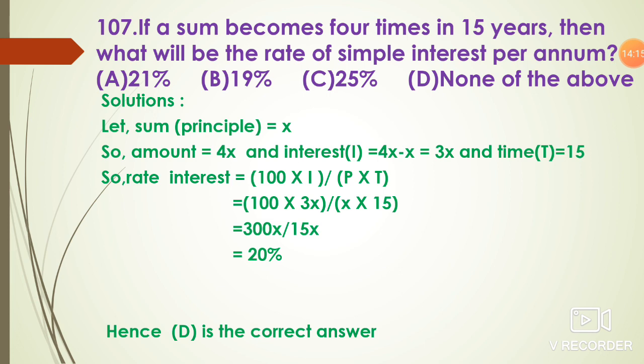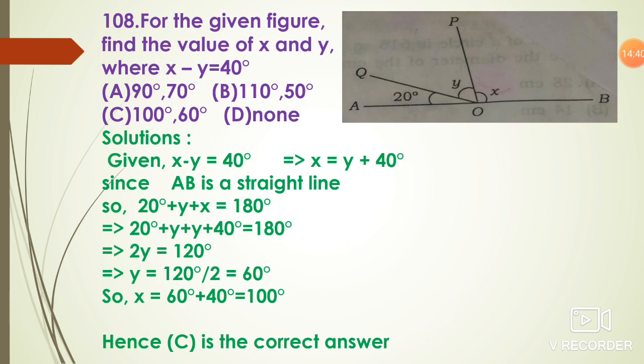We know that rate of interest equal to 100 into I divided by P into T. It is the formula to find rate of interest. So after putting all the given values, we will get 300x by 15x. After dividing, we will get 20. So D is the correct answer, because 20 is not given in the options. Hence D is the correct answer.